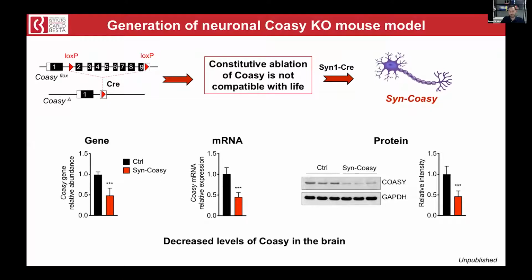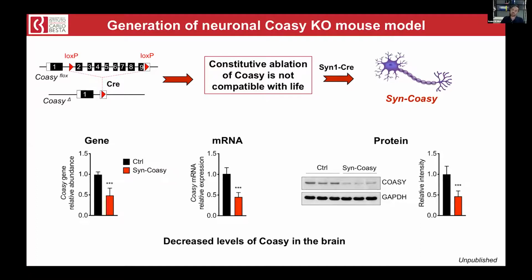And as expected, we found that the constitutive ablation of the COASY gene in the whole body of the mouse is not compatible with life, because this is a very important gene.